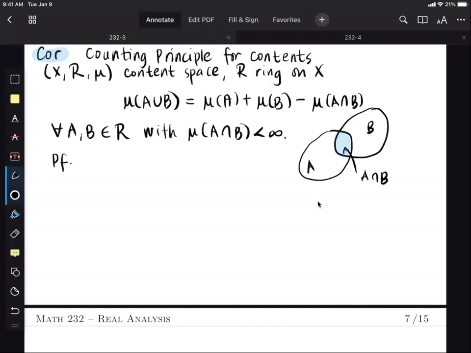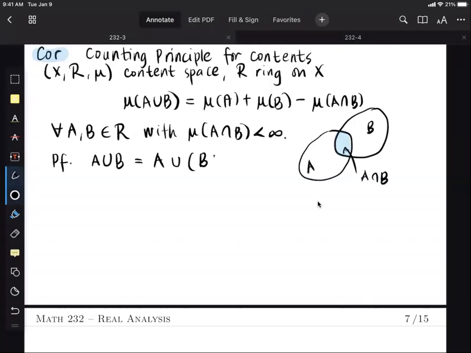So the proof basically is to write the union in a clever way. So we can write the union as A, union B, and I want this to be pairwise disjoint.